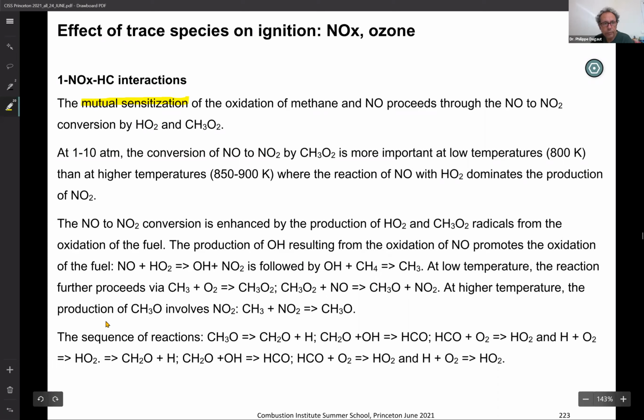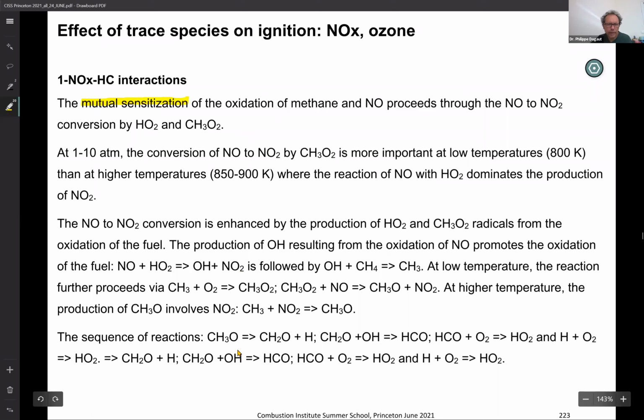At low temperature, the reaction further proceeds via peroxidation of methyl radicals to form methyl peroxide. And methyl peroxide reacts with NO to produce methoxy radical and NO2. And at higher temperature, production of CH3O involves NO2 through the reaction CH3 plus NO2 giving CH3O plus NO.